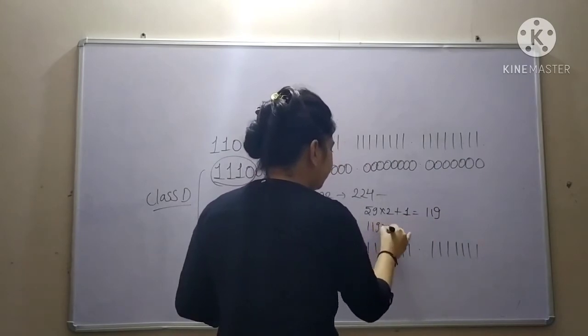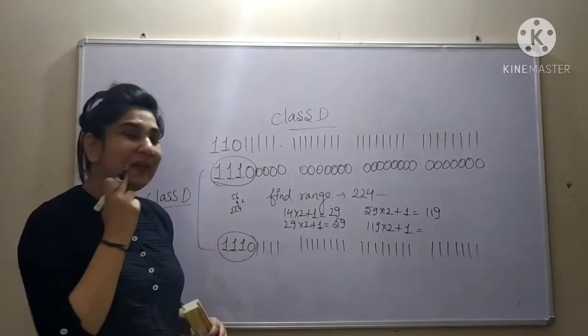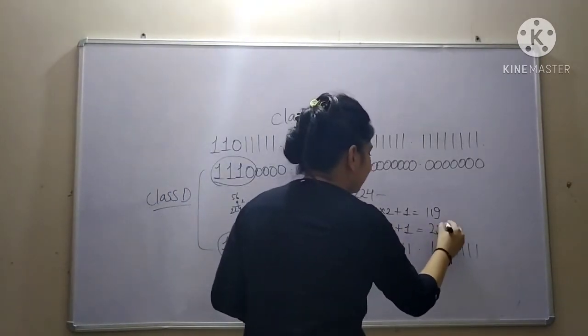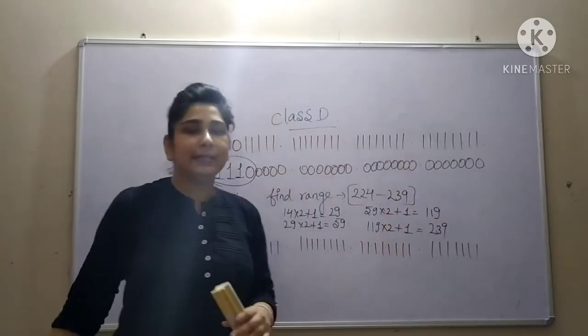And 119 into 2 plus 1 is equivalent to 239. So the range lies between 224 and 239.